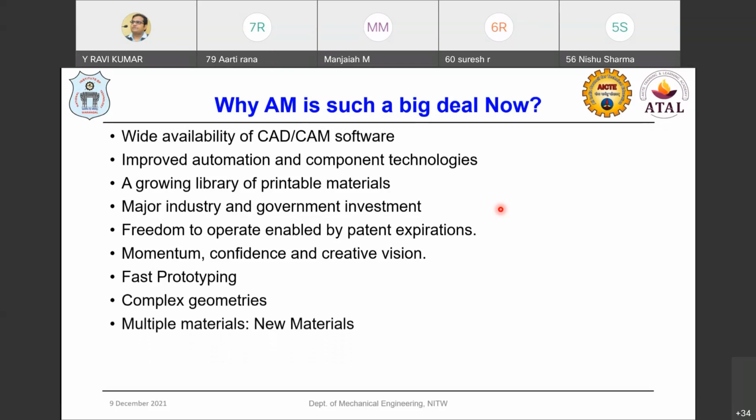Even multiple materials, the multi-materials or FGM systems, can be made with this AM process. We have only a few conventional manufacturing processes to make FGM components, functionally graded materials, like powder metallurgy techniques or centrifugal casting. These are the few techniques available to manufacture functionally graded materials.